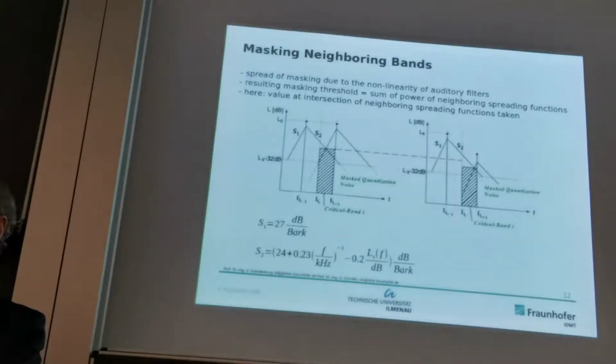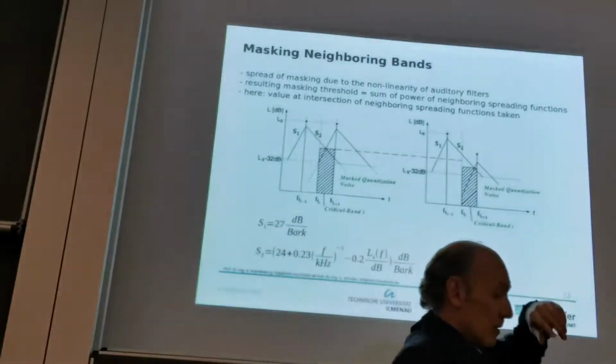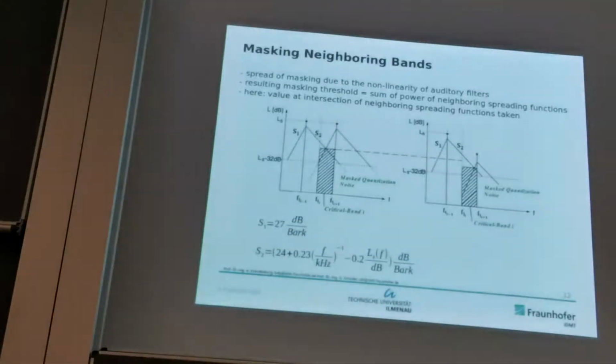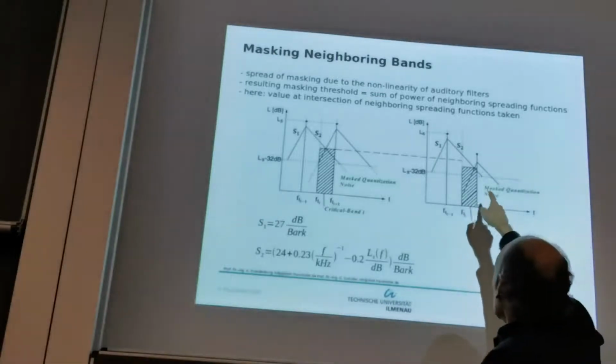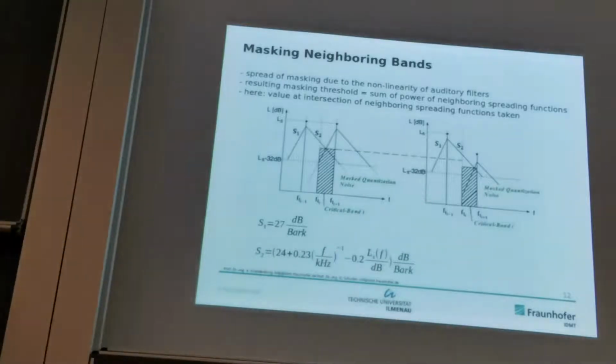Then we take the power of all those subbands and add them up into one for one critical band, because then we apply those spreading functions in the critical band domain. So the common way to superimpose neighboring spreading functions is to just take the maximum.